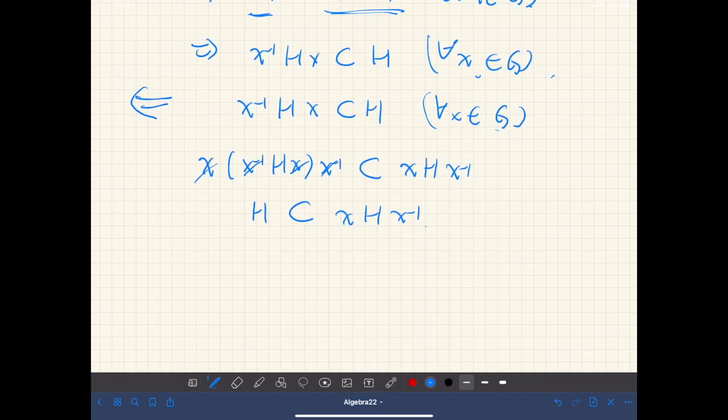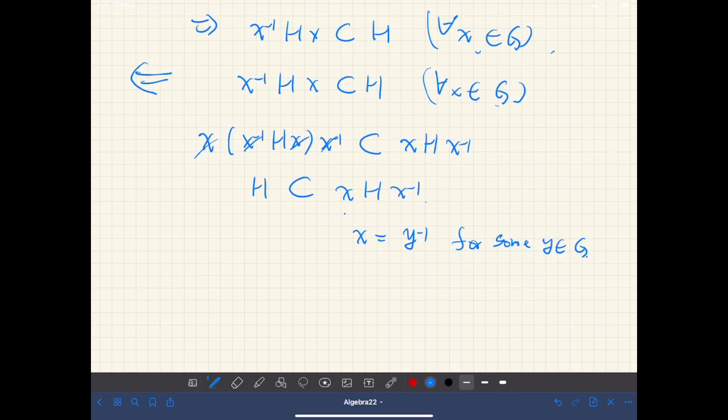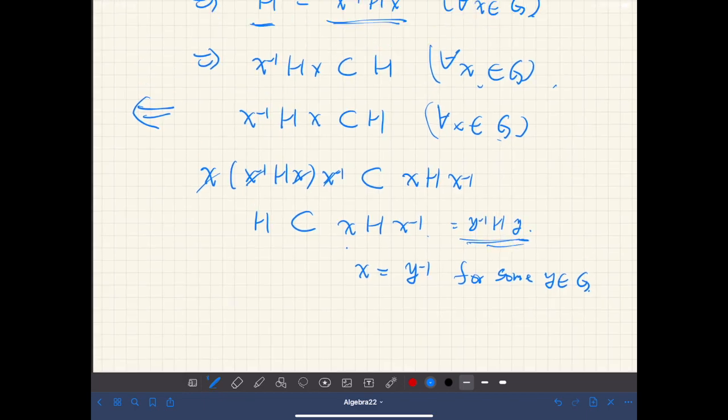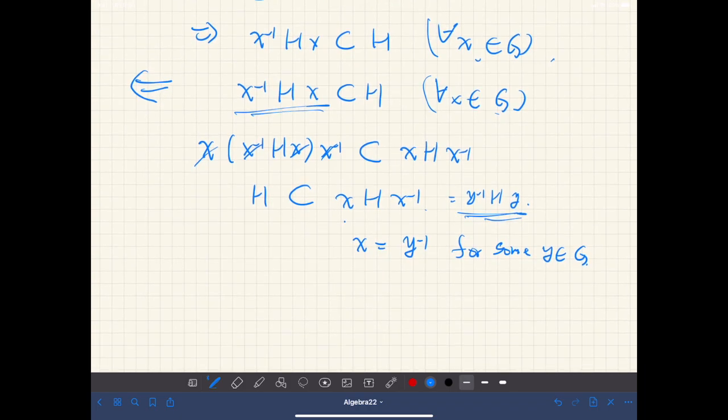But now x can be expressed as y inverse for some y in G. So this can be written as y inverse H y.